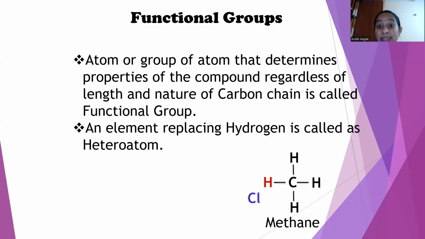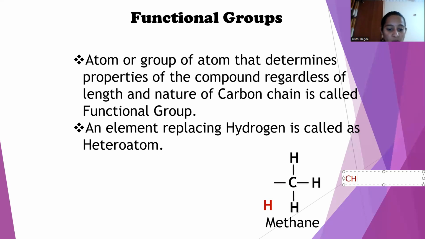So chlorine is coming to the place of hydrogen. So here chlorine is a heteroatom and chlorine is also a functional group because it's an atom that determines the property of the entire structure of CH3Cl. So it was initially CH4, right? It was methane with the chemical formula CH4.